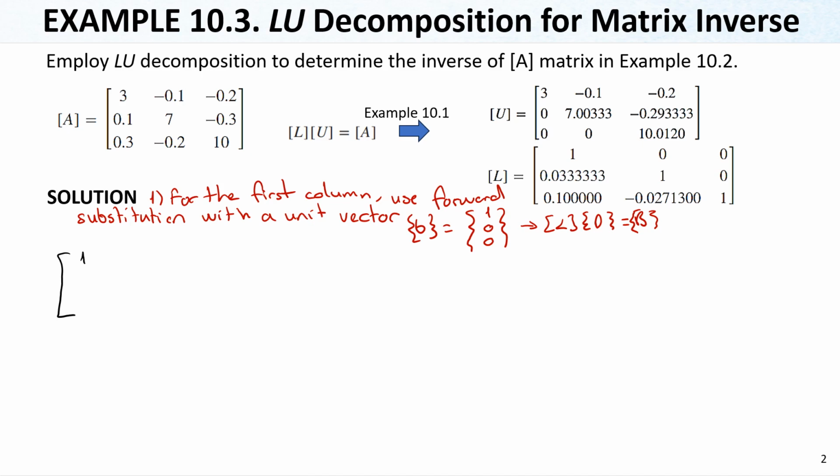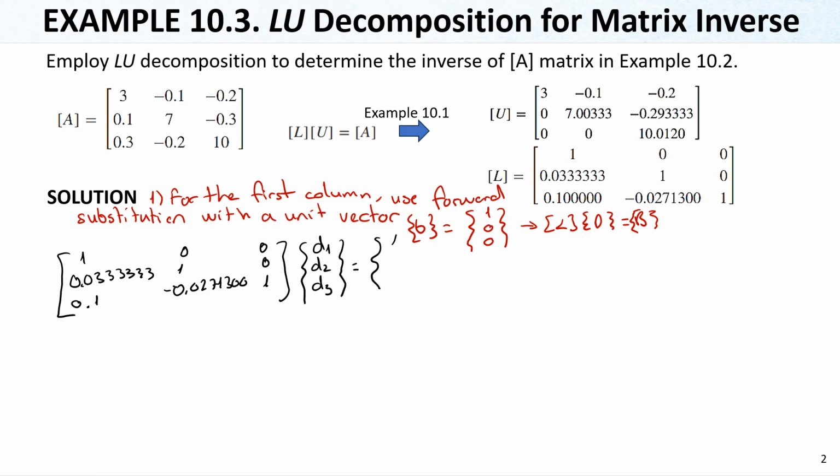Simply in the forward substitution, if we write this in detail, the L matrix is 1, 0.033333, 0.1, and minus 0.02713. This is the L matrix. And for the D's, we don't know these: D1, D2, D3. And B is 1, 0, 0, not the solution matrix.